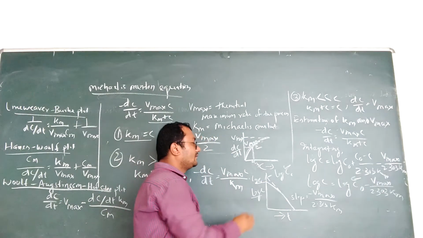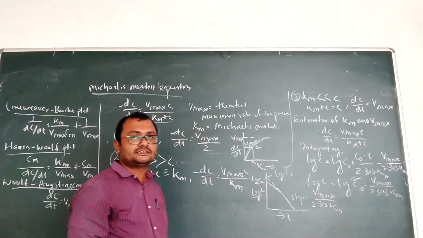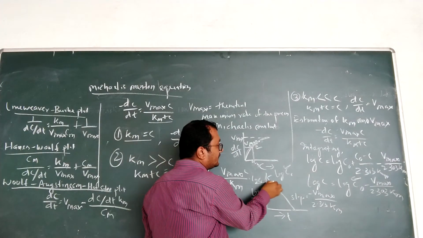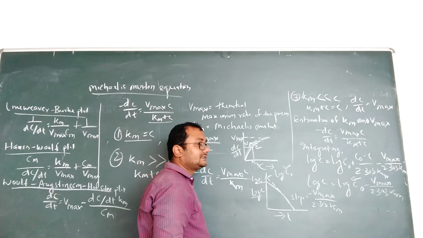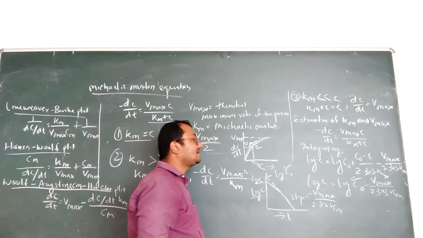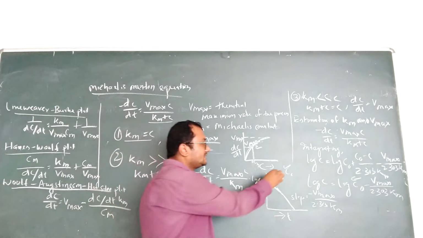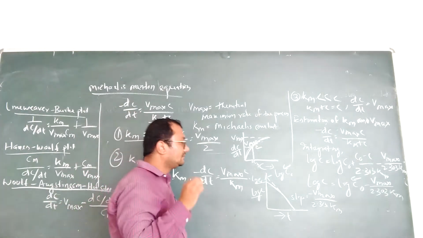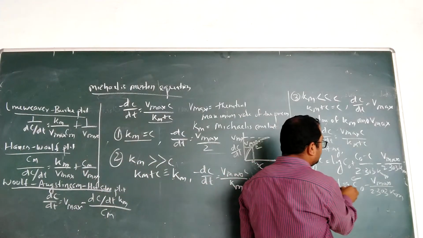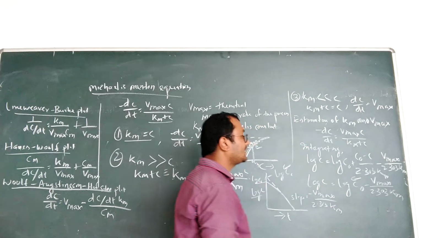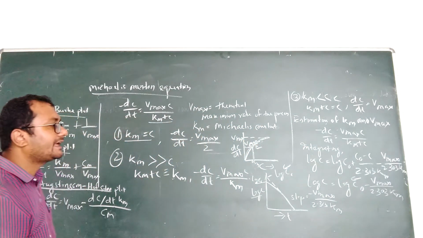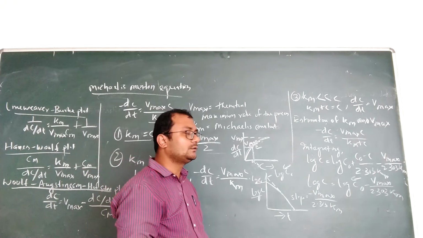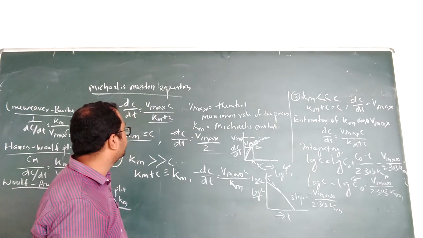As it is a curve, if we back-extrapolate it, we reach a point on the y-axis, log C0 prime. By changing the equation we get log C equals log C0 prime minus Vmax divided by 2.303 Km, and from this graph the slope is minus Vmax divided by 2.303 into Km.